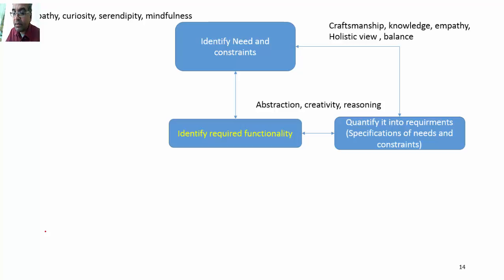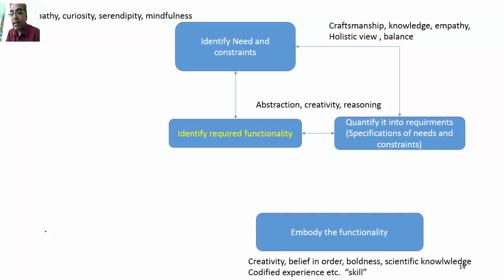Once you have done that, this requires abstraction, creativity, reasoning, all kinds of things. And then you have to figure out how to make a physical object or a physical process that embodies this functionality. So now this is a challenge, and that requires you to know something about the specifications and functionality and all of these things.